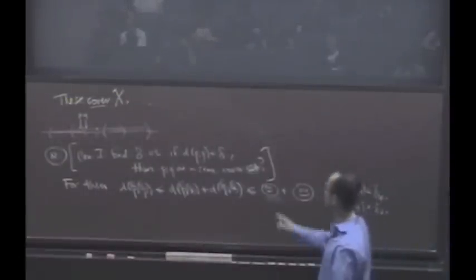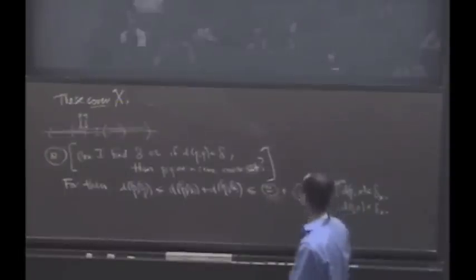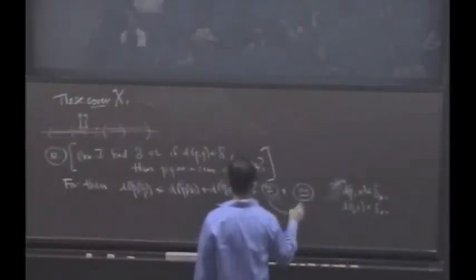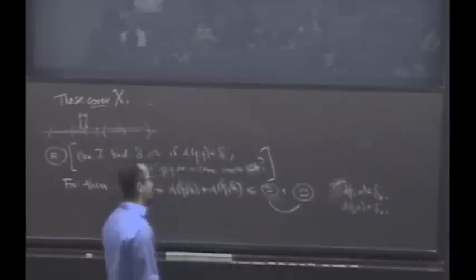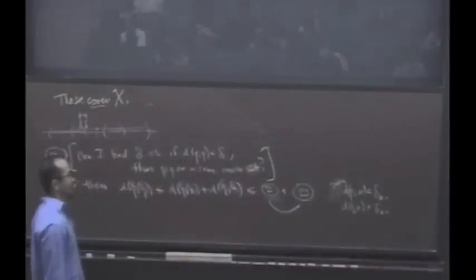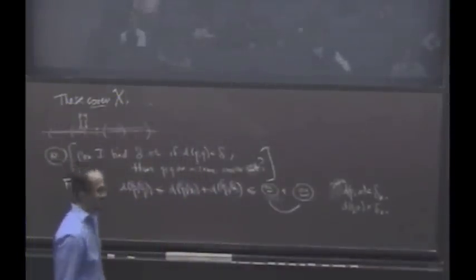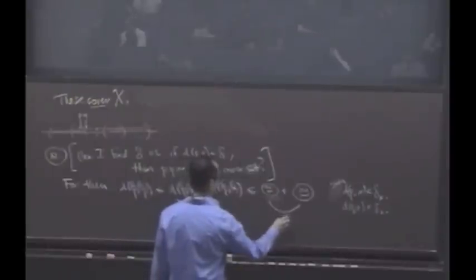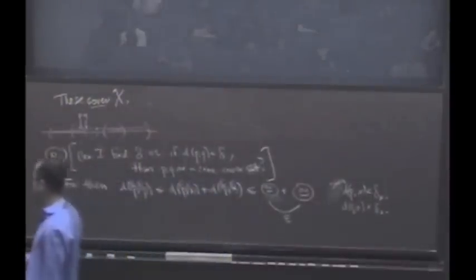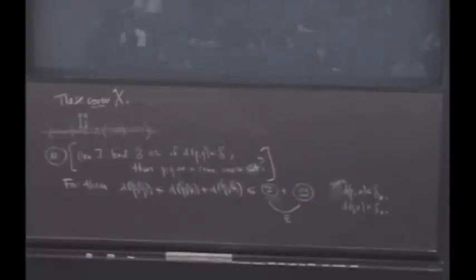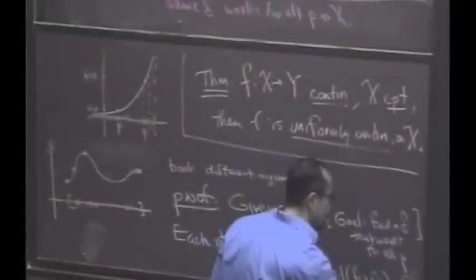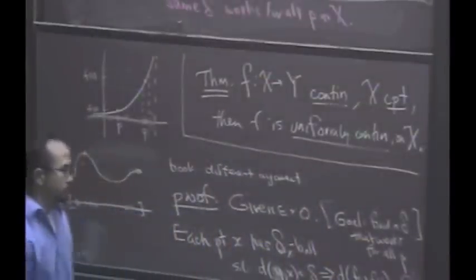And so what do I want if I want this to be less than epsilon? If I want this to be less than epsilon, then I need to make smiley epsilon over 2. So that's the choice I should make here. This really should have been epsilon over 2. Okay?